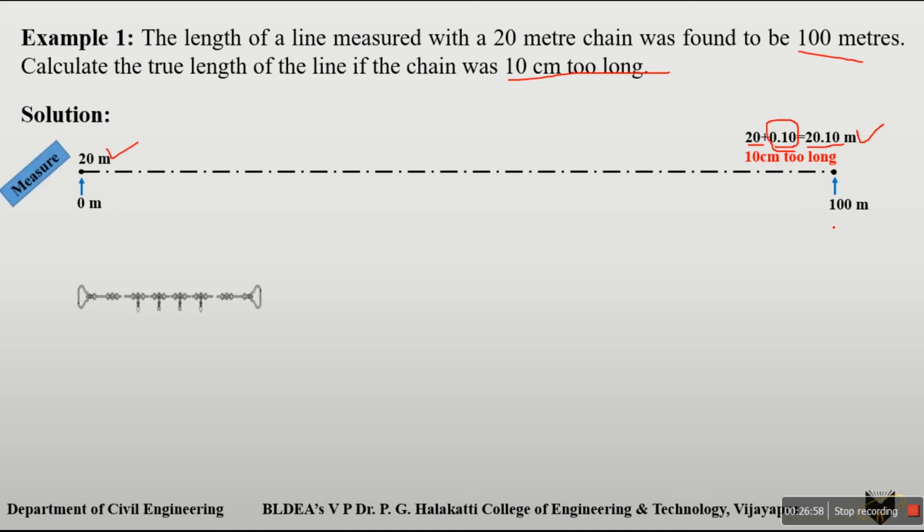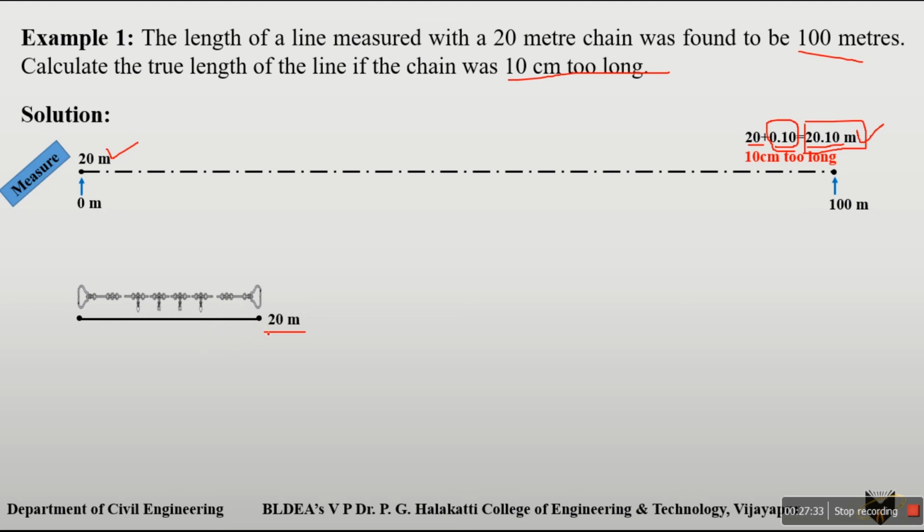This is our chain. They have measured the first 20 meter like this, and you are reading 20 meter here. By using this chain, with respect to the first chain length, between these 2 points we are reading 20 meter, but the chain is 10 centimeter too long, meaning the actual length of the chain is 20.10.